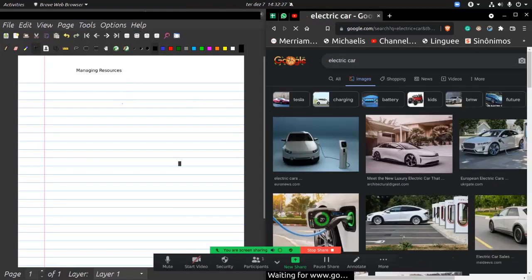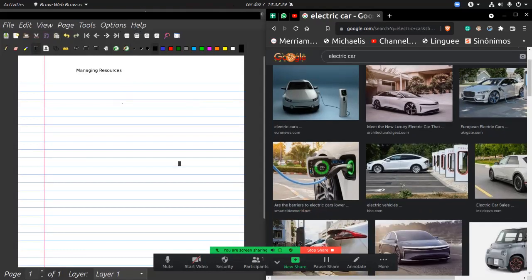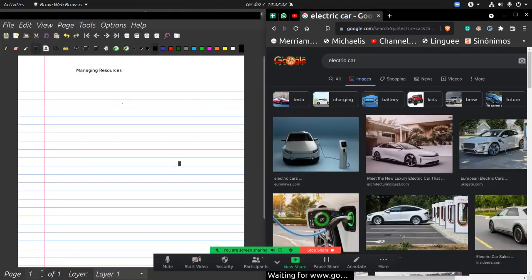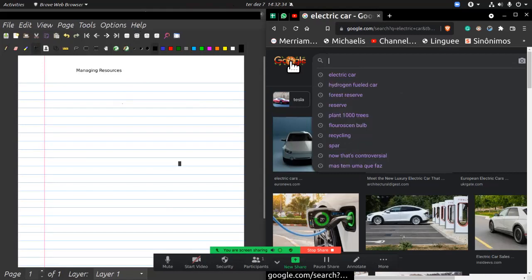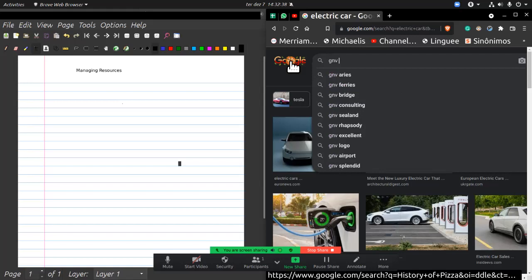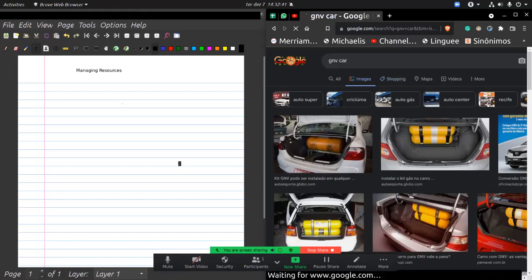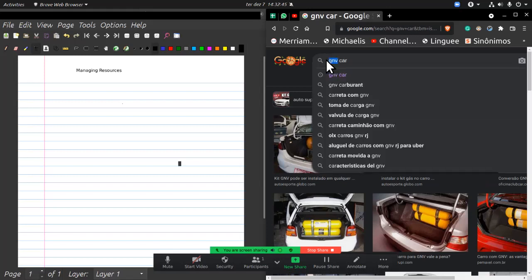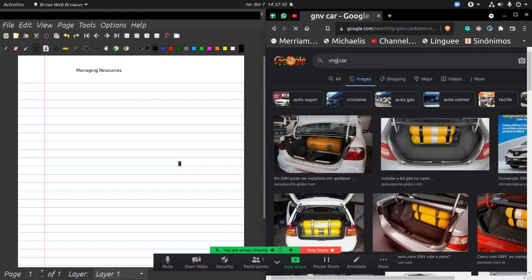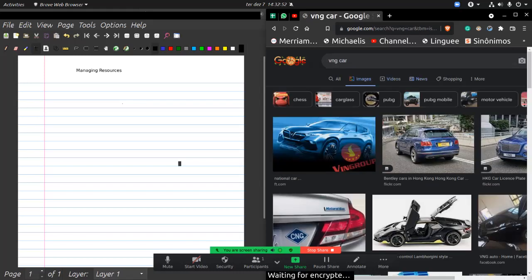We have cars that are still bad, but not so bad. We have the GNV car, which is vehicular natural gas. So these things make it less bad.